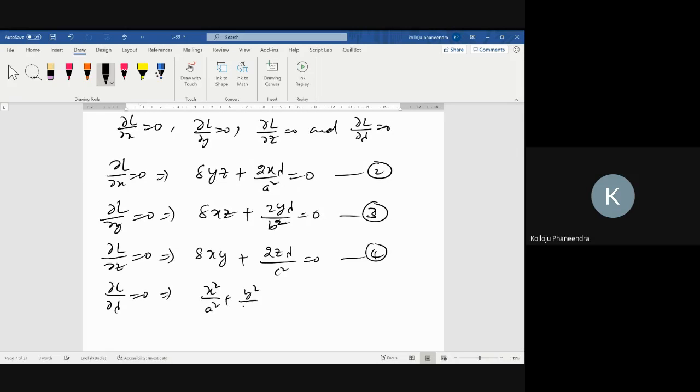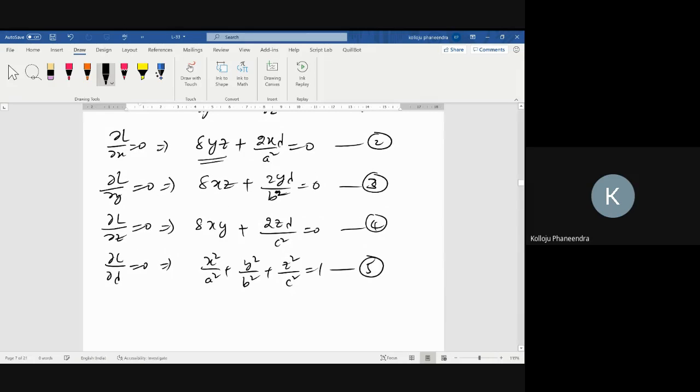ellipsoid, x square by a square plus y square by b square plus z square by c square equal to 1. Equation 5. Now for solving this, see, in first equation 8yz, third equation 8xz. So let me multiply 2 into x minus 3 into y. That gives 8xyz, 8xyz cancelled.